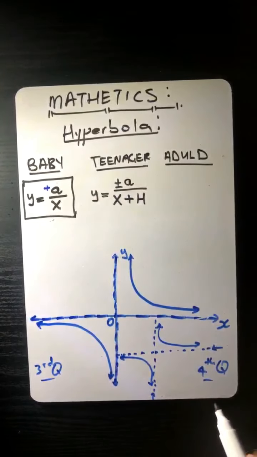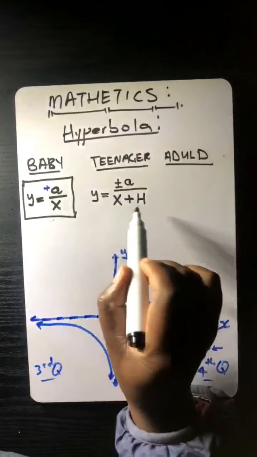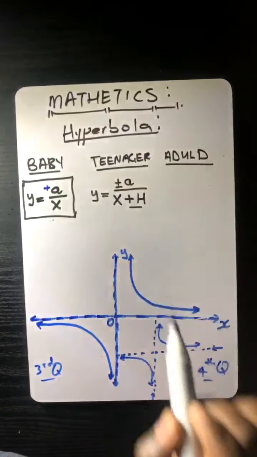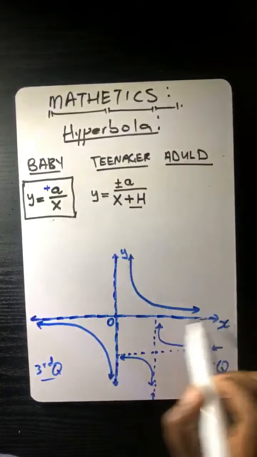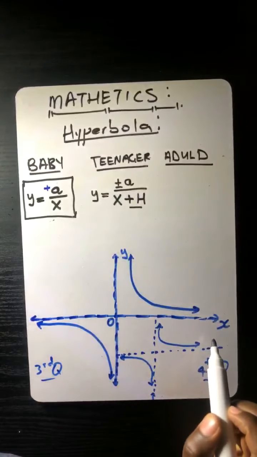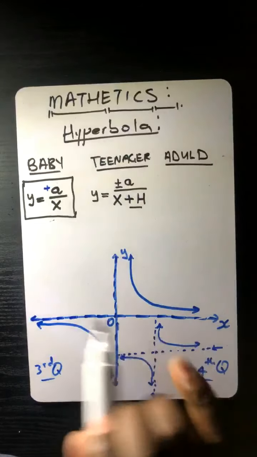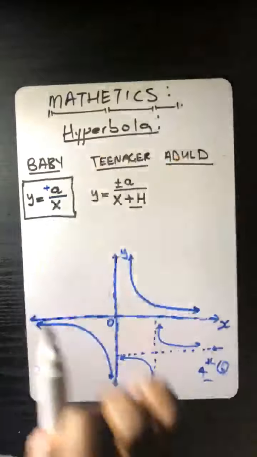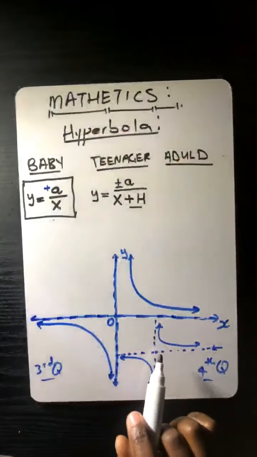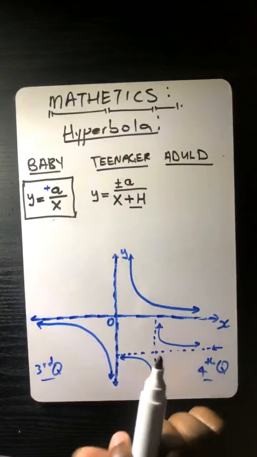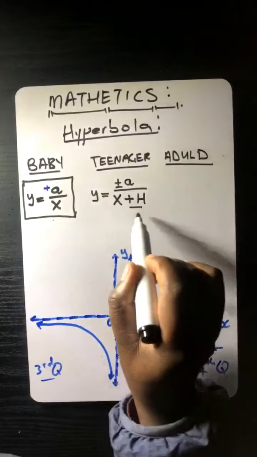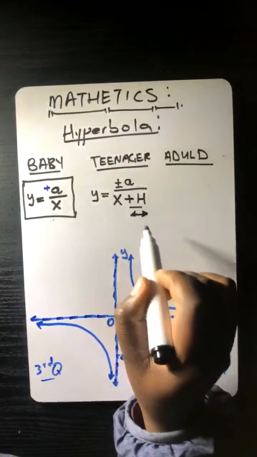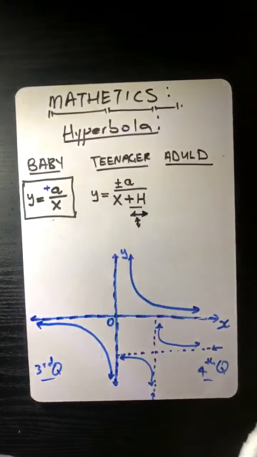The reason why we are having a plus H over there is that we know this hyperbola can move sideways. Every function, be it a straight line, a parabola, a hyperbola, and I think also an exponential, can move sideways and also up and down.